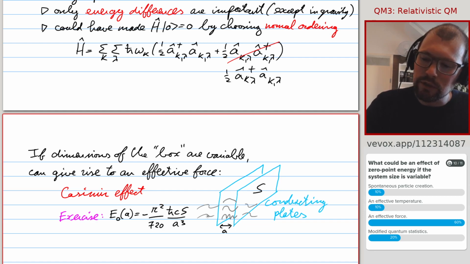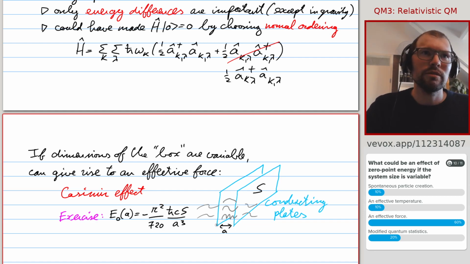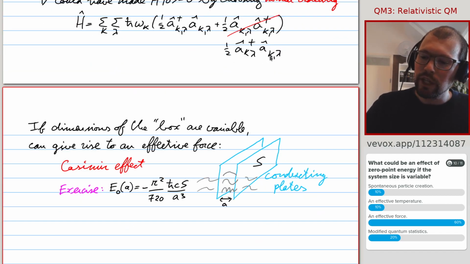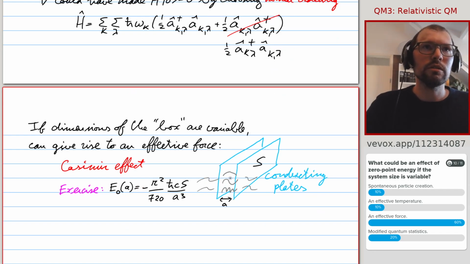Now you won't be able to do this in mathematical rigor because, as we said, the zero-point energy is actually infinite. So some regularization procedure is needed to be able to compare the zero-point energy between the plates and the region outside of the plates.